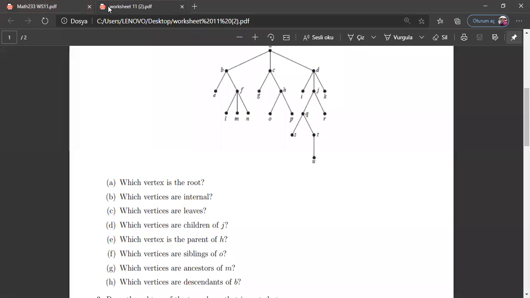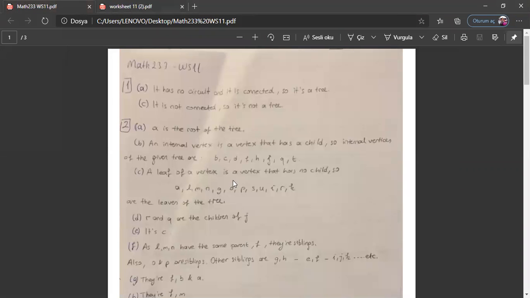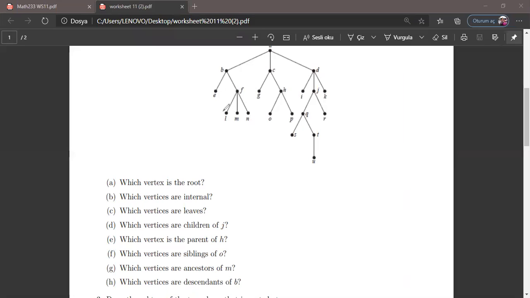And sorry, what are the leaves? A leaf is a vertex again, which has no children. Okay. So we will find the vertices that have no children. What are they?